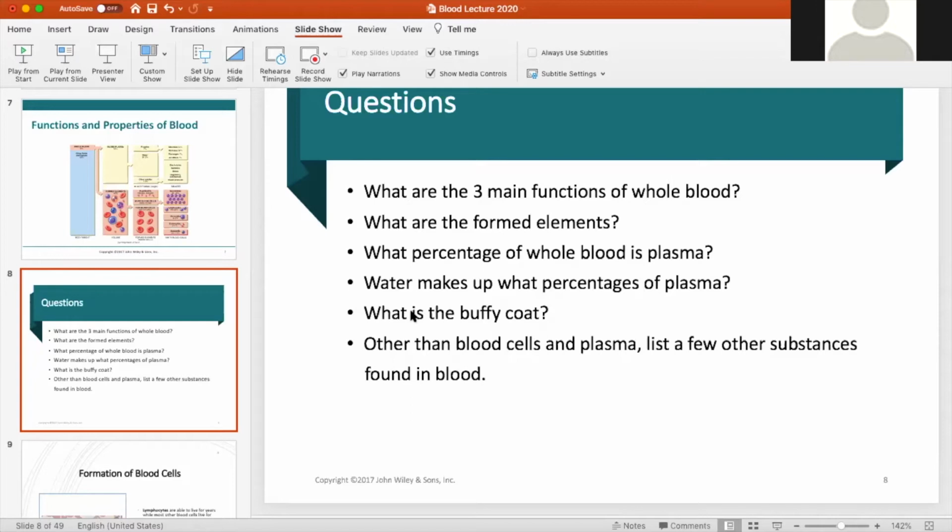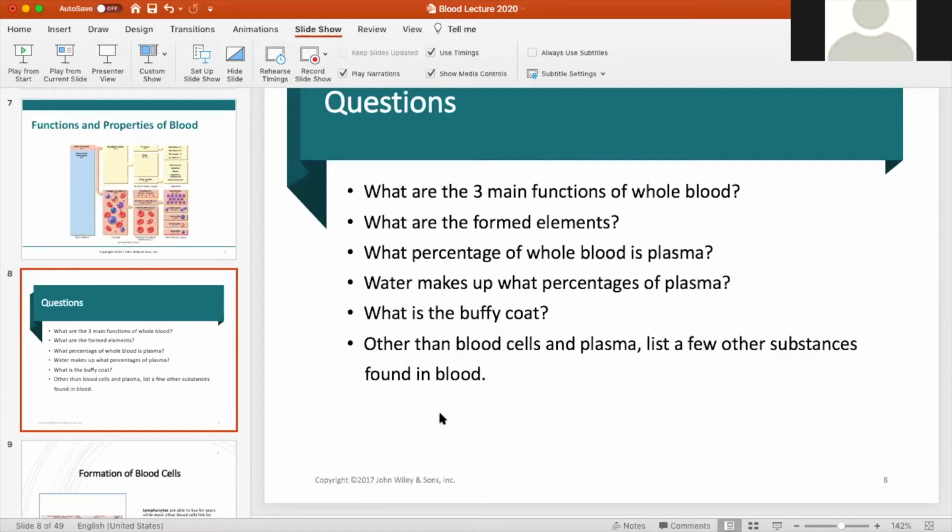All right. So the percentage that is plasma is 55%. So 55% of whole blood is plasma. Right? Next one. Okay.